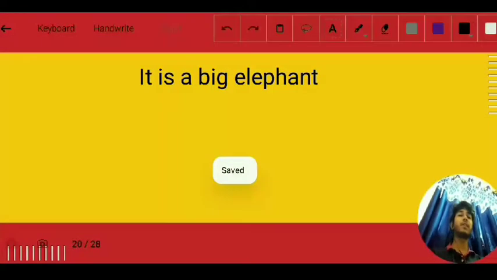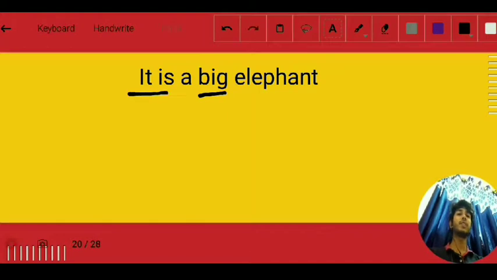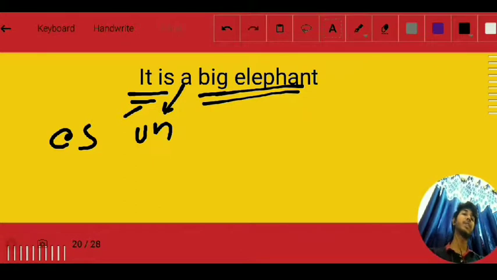So now we have the sentence, it is a big elephant. The Spanish word for big is grande. You can relate this word with grand. That also means big. It's a grand hotel, so it's a big hotel, like we generally say in English. So it becomes very easy for you to translate this sentence. For "it is" we have es. For "a" we have un. For big elephant, we can see that big is an adjective here.